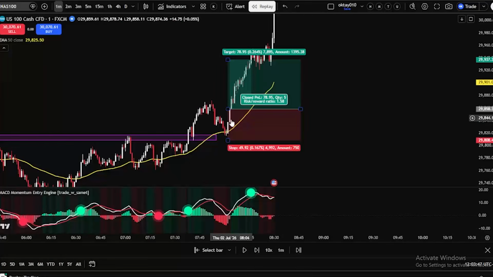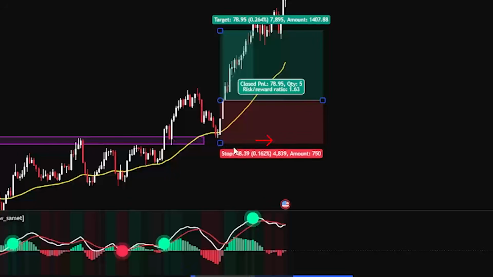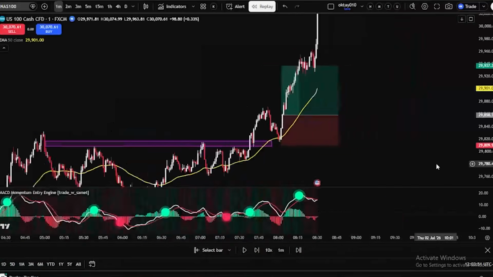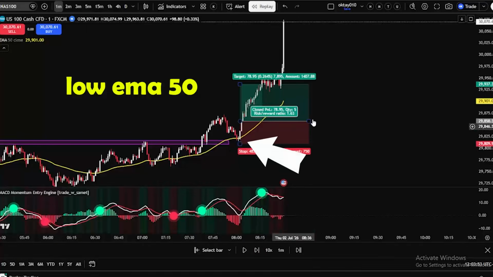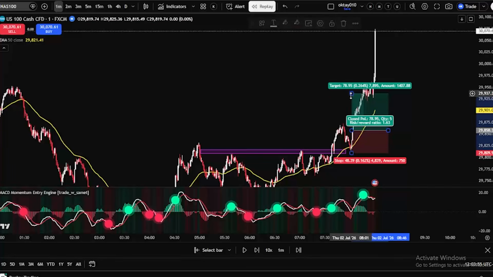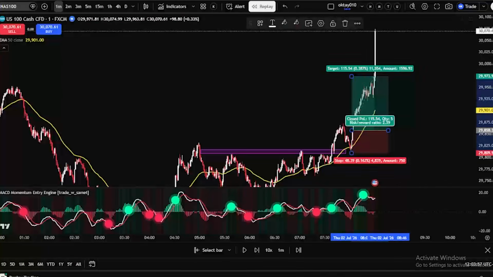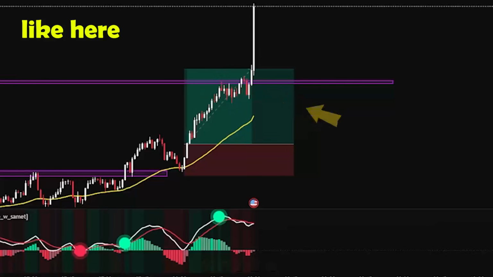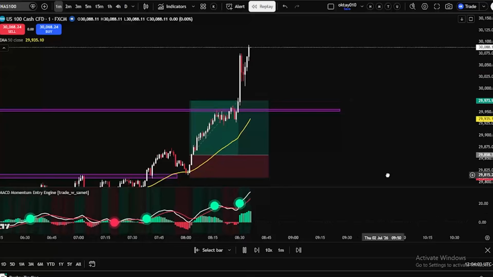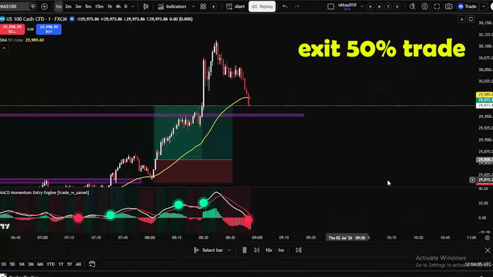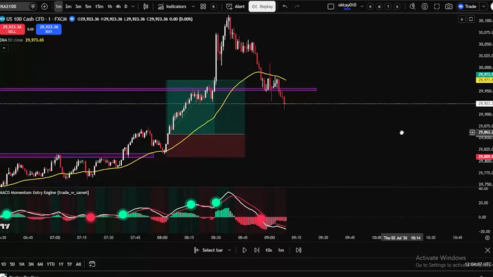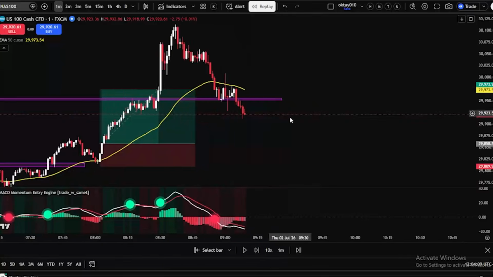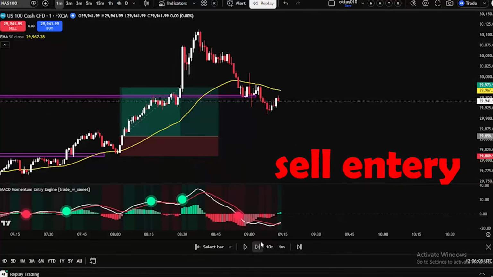SL, stop loss: below the low of the entry candle or below the last swing low/EMA 50 retest area. TP1: short-term ceiling/near high. TP2: higher liquidity, buy-side liquidity. Trade management: after reaching TP1, exit 50% of the position plus move SL to break even.